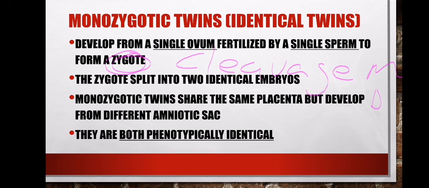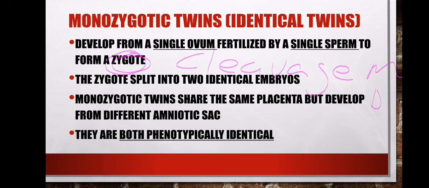The twins are identical in terms of the phenotype because these two twins will share the same genes, the same genes of one sperm cell and the same genes of one egg cell. So these two twins are identical because they share the same heredity, the same genes of the two nuclei from the sperm cell and the egg cell.